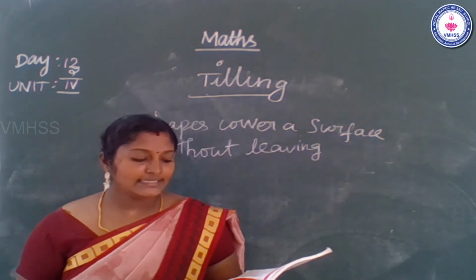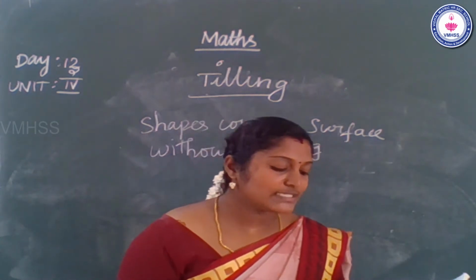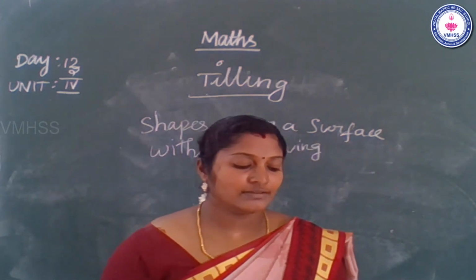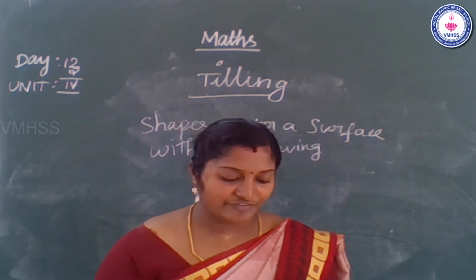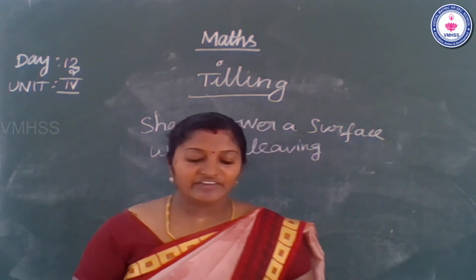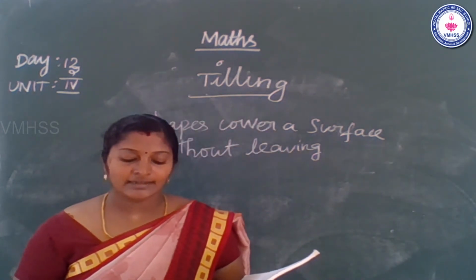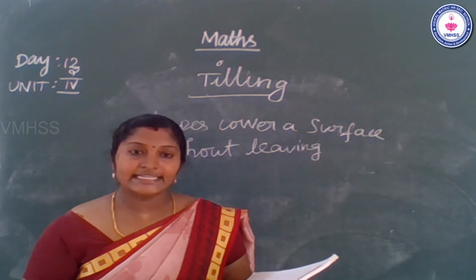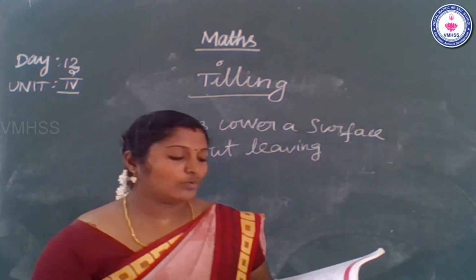Okay, once again: when shapes cover a surface without leaving any gaps in between, it is called tilling.